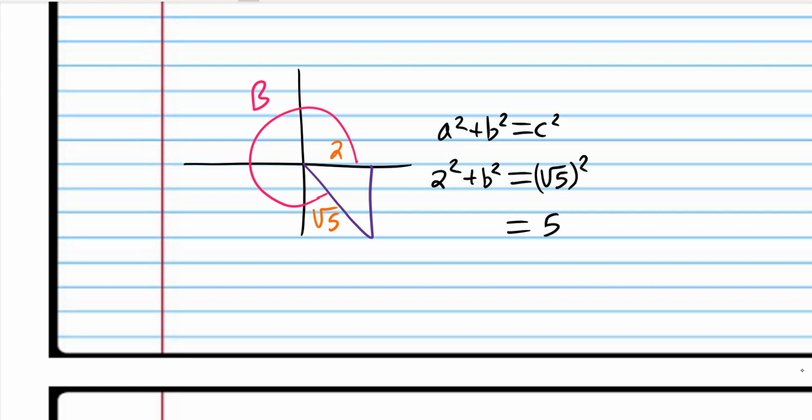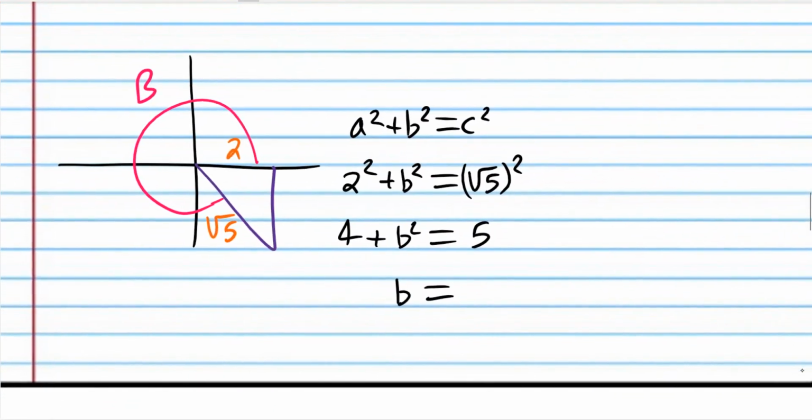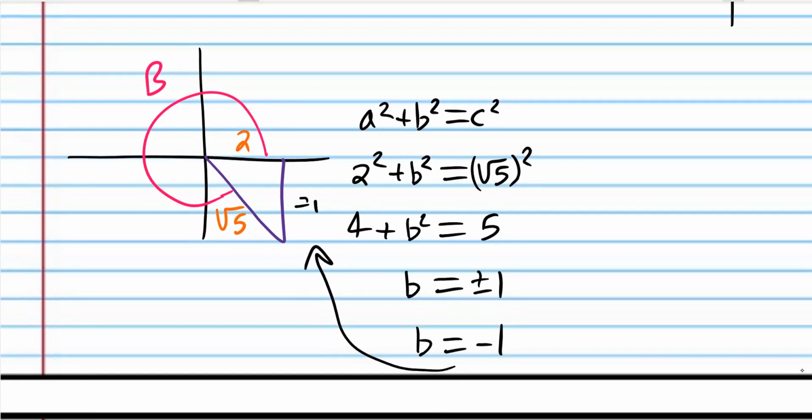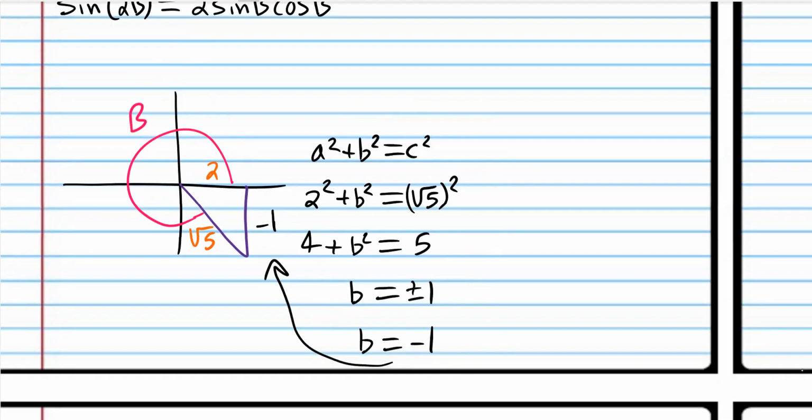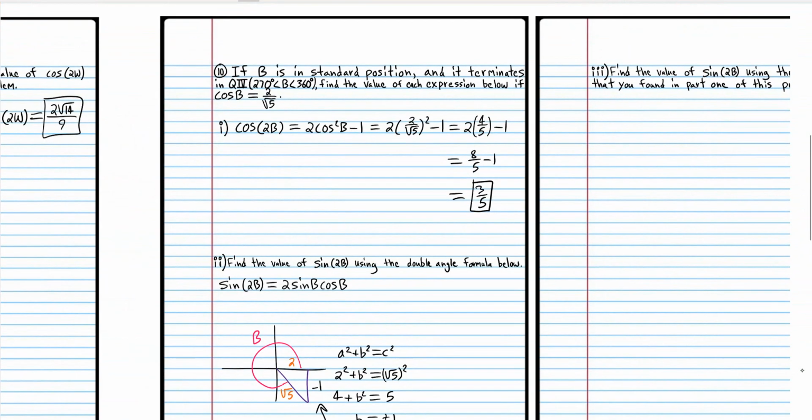And we get 5 is equal to b squared plus 4. And that's going to be plus or minus 1. And we can see that b has to be negative 1 because it's going to go over here. That side is below the x-axis. So now we can easily find sine b.